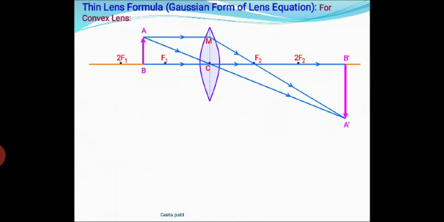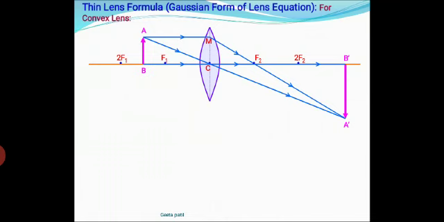Let us consider the image formation when the ray AM, which is parallel to the principal axis, after refraction passes through the second principal focus F2, and another ray AC, which is passing through the center of the lens, after refraction will pass undeviated and meet at A', and we will get the image A'B'.